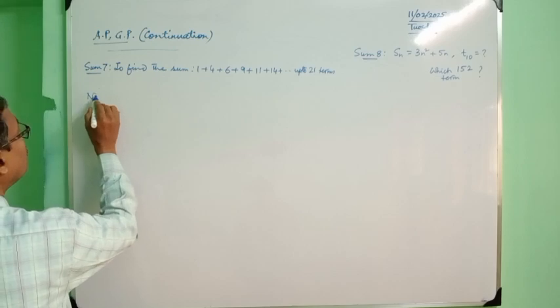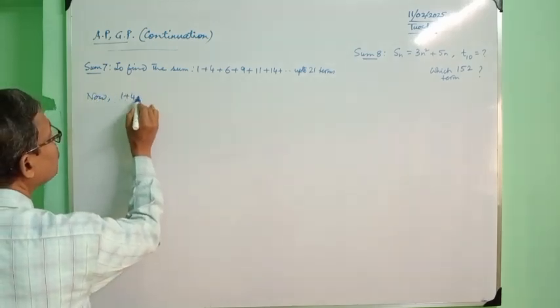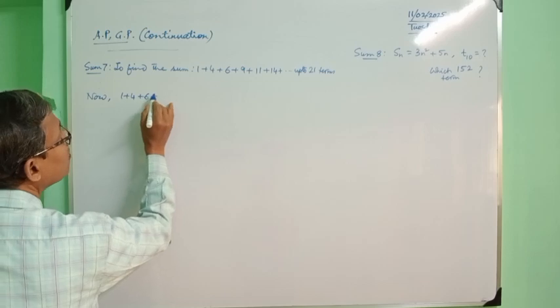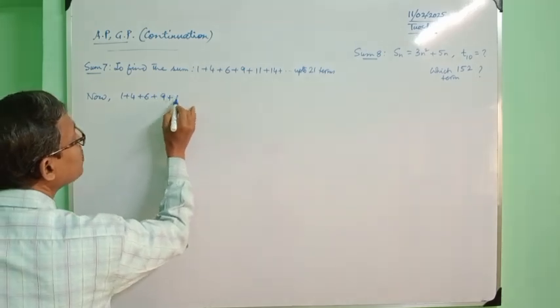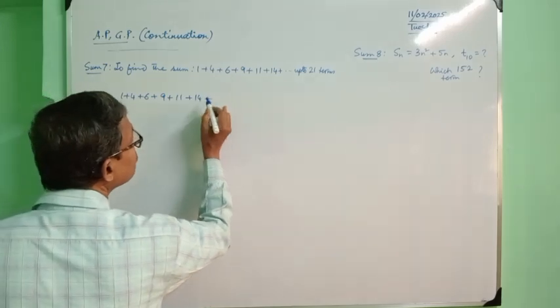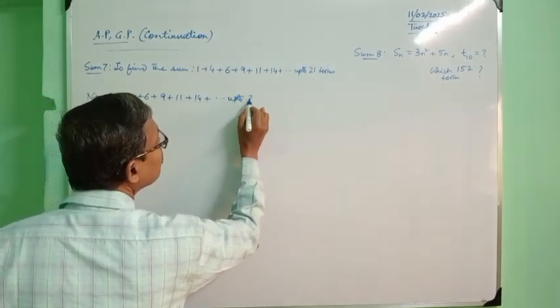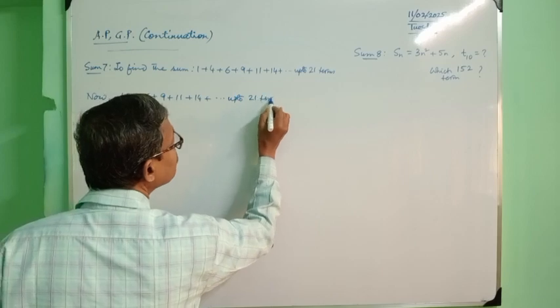Now, 1 plus 4 plus 6 plus 9 plus 11 plus 14 plus ... up to 21 terms.